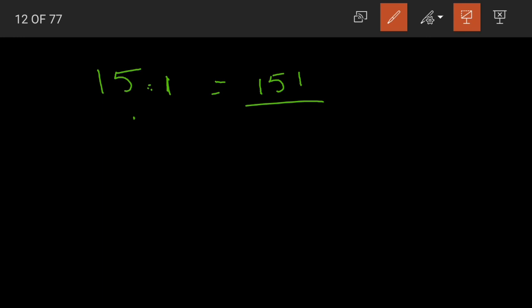So 151, that becomes our numerator. Now what about the denominator, children? In the given number we have one decimal place. So in the denominator, after 1, we place one 0.